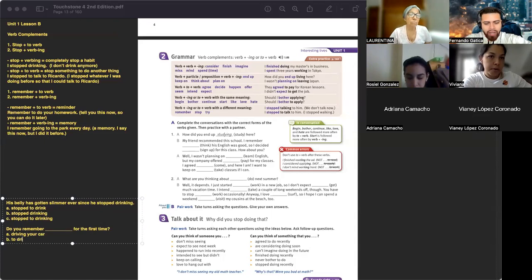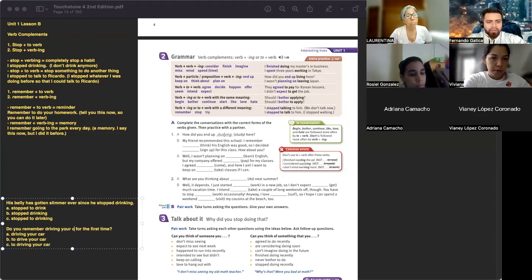B, to drive your car. Or C, to driving your car. What's the correct answer? Letter A. Very good, Adriana. You remember driving your car for the first time? That's good because it's a memory. How do I know it's a memory? It says for the first time.